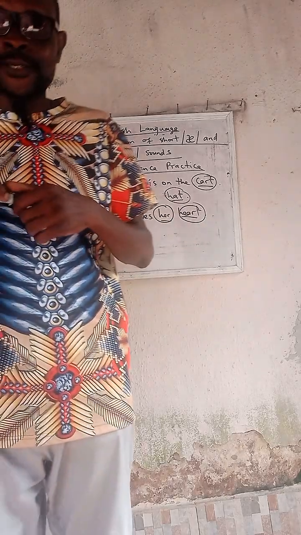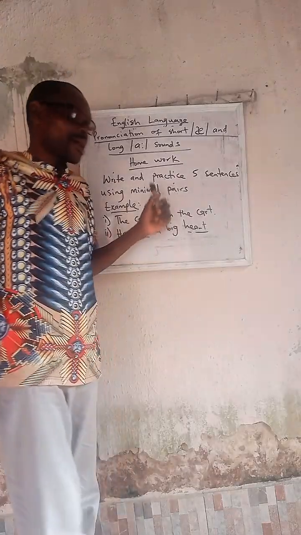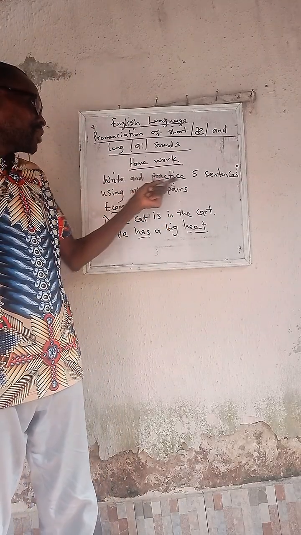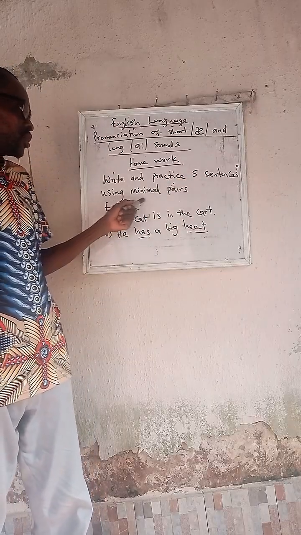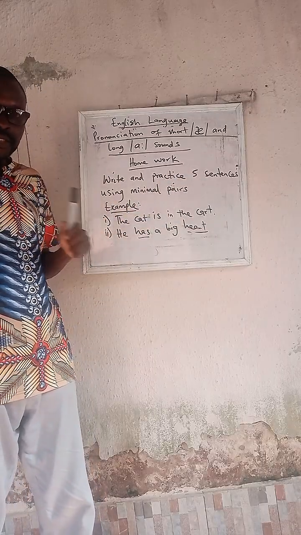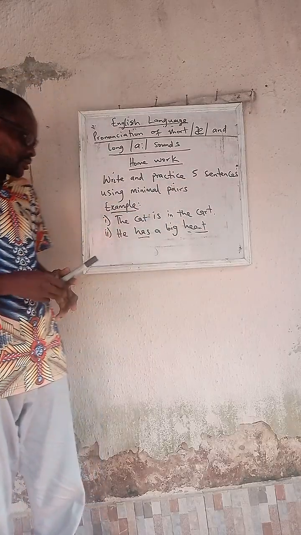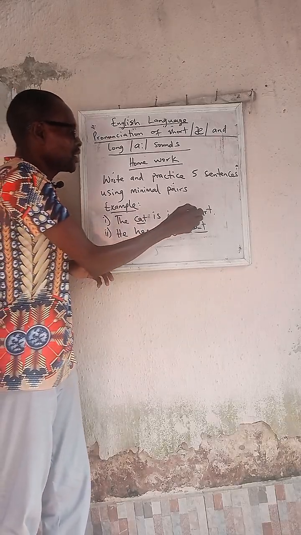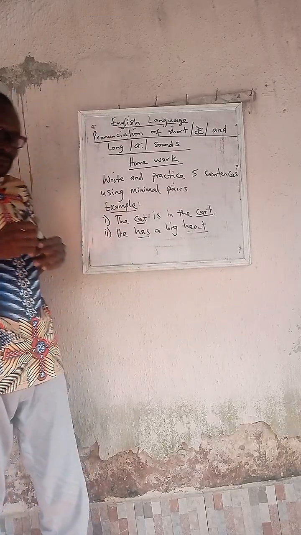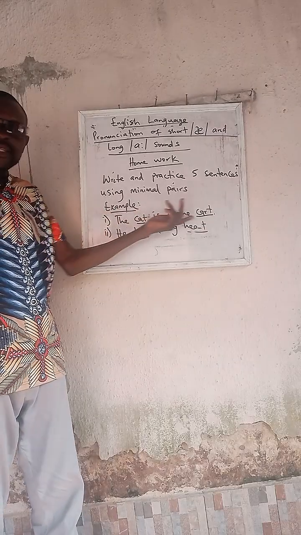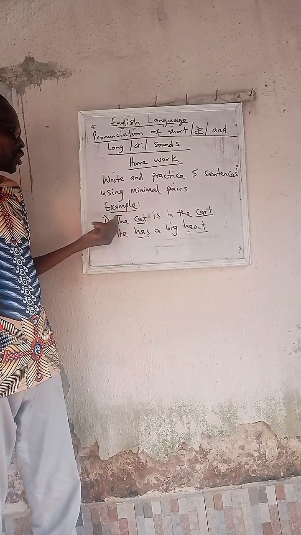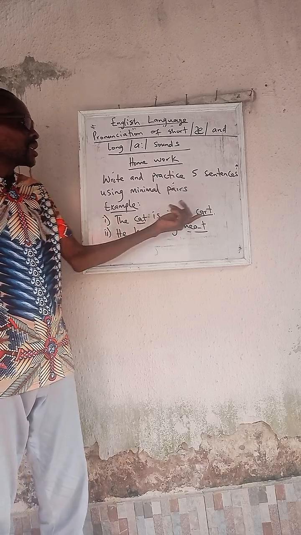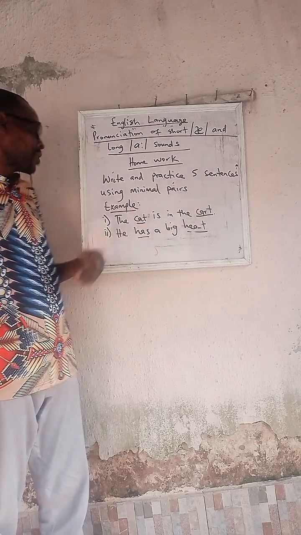Clap yourself, everybody. Finally, I want you to do this homework. Write and practice five sentences using minimal pairs. This is an example for you. The cat is in the cart. You look at this sentence, you discover you have the short and the long sound.